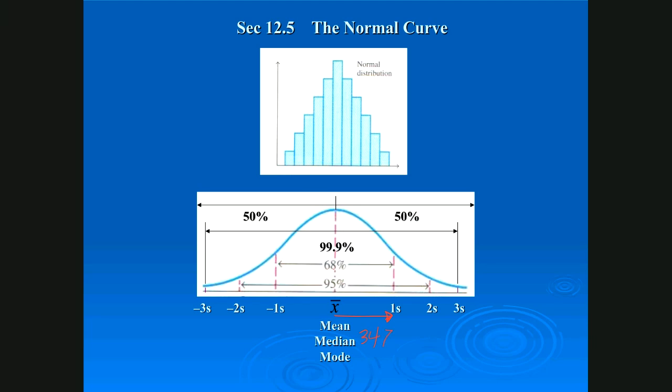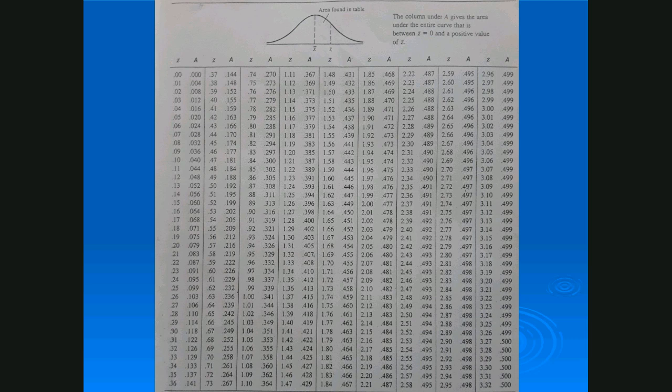The table that I'd like to use is called a z-table, and it looks like this, where we have two columns. We have a column labeled Z, and a column labeled A. And so we have our z-score, and we have our area underneath that curve.